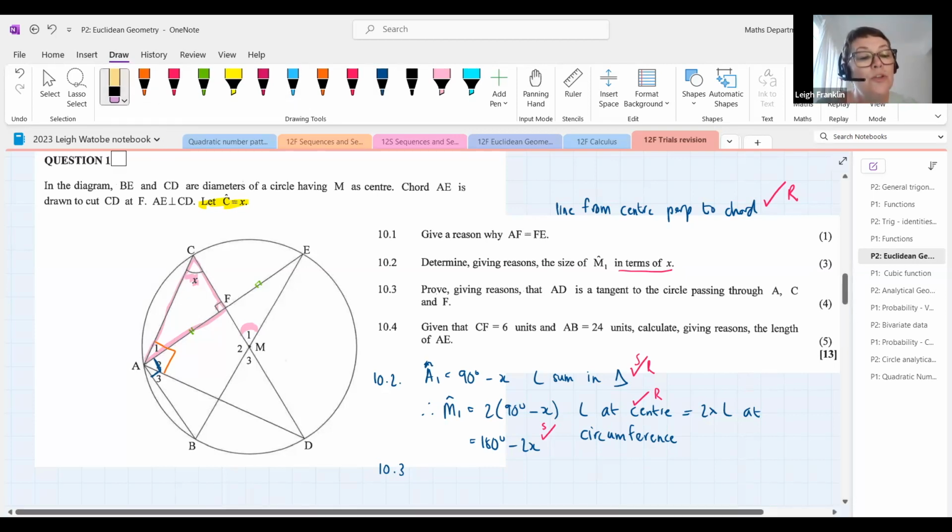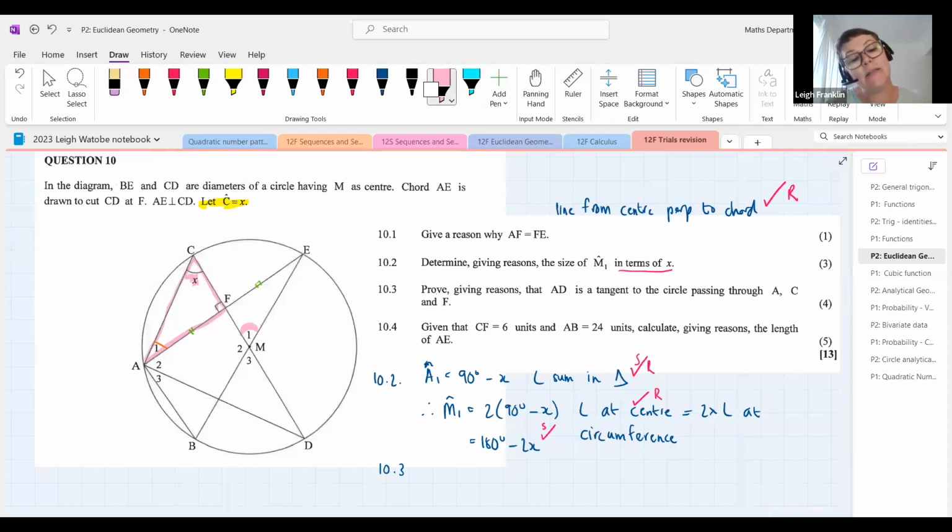So what I'm going to do here is rub off those 90 degrees, and I'm just going to highlight this line. Okay. Teddy, you were asking in the beginning, why can't we use tan chord theorem? Which is a really good question.